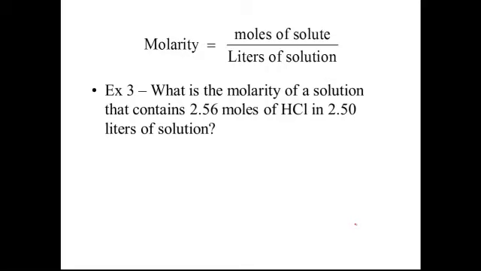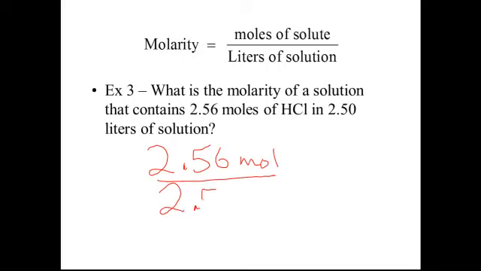Okay, so here's an example of this. What is the molarity of a solution that contains 2.56 moles of HCl in 2.5 liters of solution? So when we look at that, we're going to put our moles on the top: 2.56 moles over 2.50 liters of solution. And we're just going to divide those two numbers. There's no multiplying by 100.